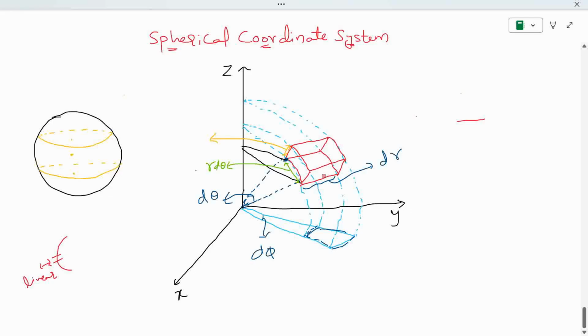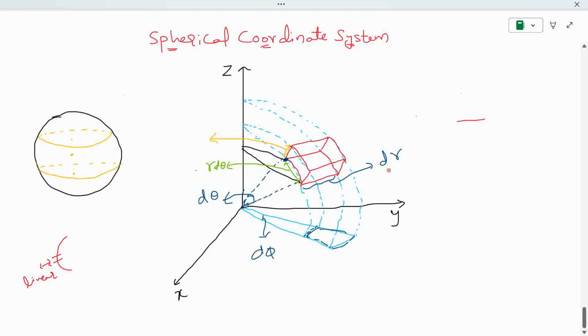Like, for example, if you take a tennis ball, inside it is hollow, and imagine that the tennis ball thickness is very little. Consider that it is only a differential element, just for understanding sake.